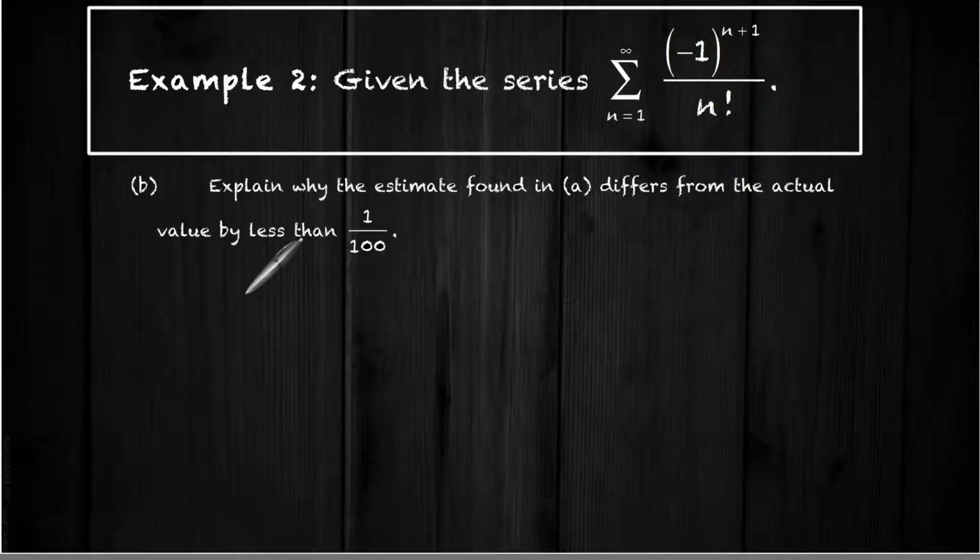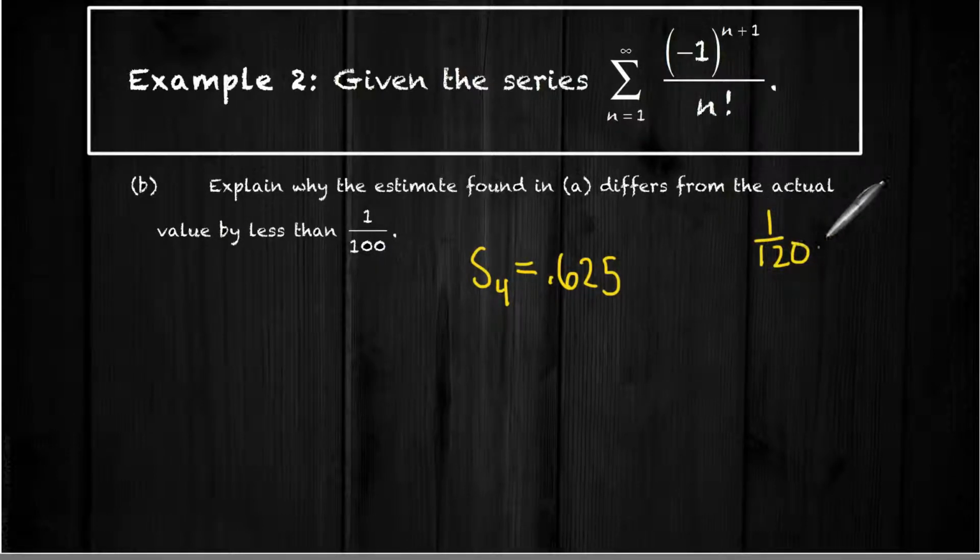Okay, part B says explain why the estimate that we found in part A, and let's remind ourselves what that is. We found that the sum of the first 4 terms, call that S4, was 0.625. And it says explain why that estimate differs from the actual value by less than 1 over 100. Well, if you can remember, the first neglected term was 1 over 120. And so if you divide 1 over 120, that is 0.0083.